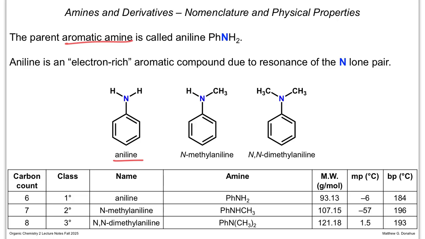So the names and physical properties are shown in the table here. Look at the boiling points for all of these. They're pretty high. That's due, again, to hydrogen bond donating and accepting. The other thing is that aromatic ring: we know from looking at it, every carbon is sp2 hybridized, so it's trigonal planar.